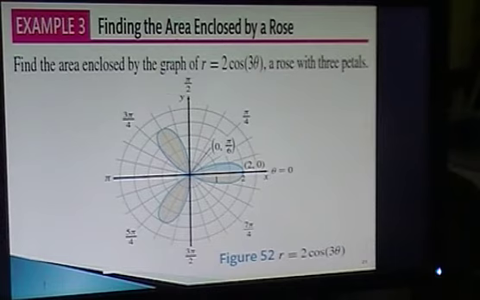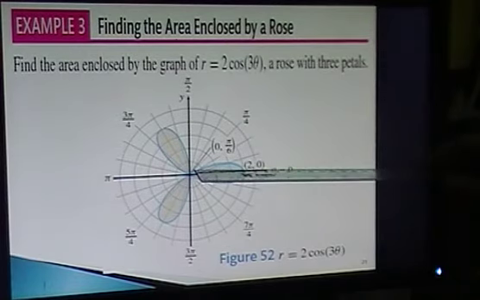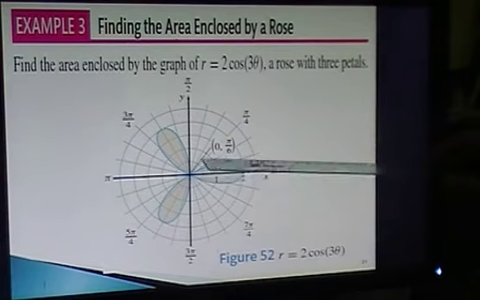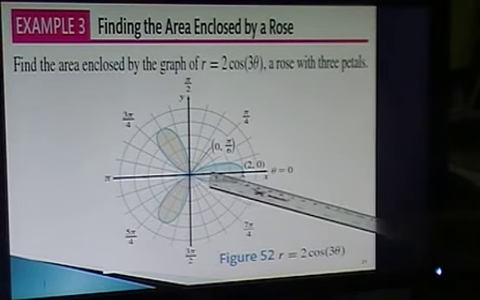If the problem is to find the area of this rose consisting of 3 petals, maybe we can simplify to count only in the first quadrant. And you see here in the first quadrant, it's just like this.